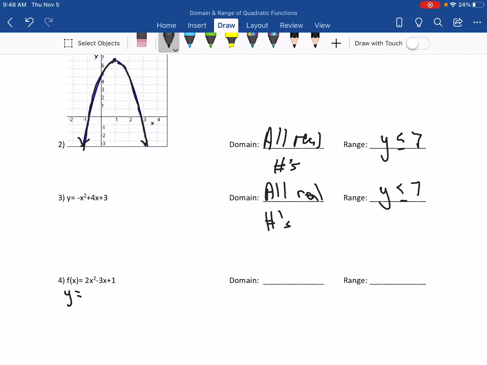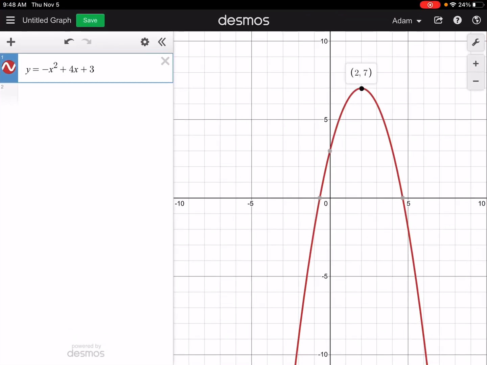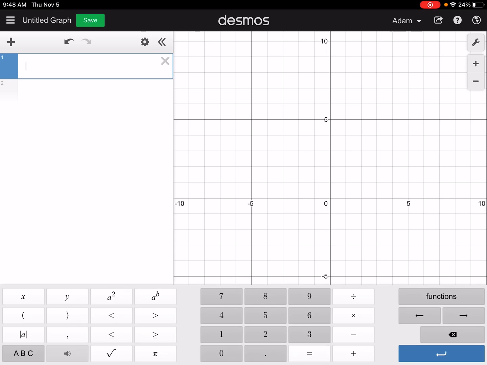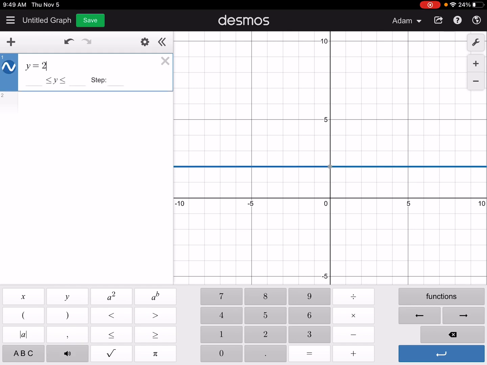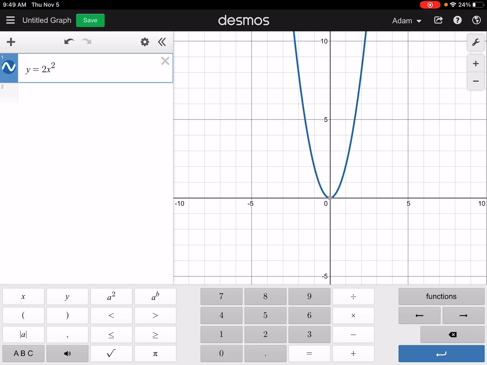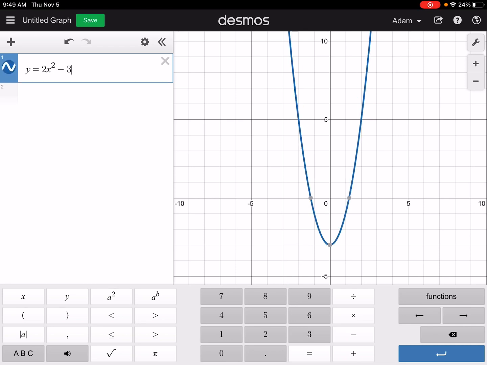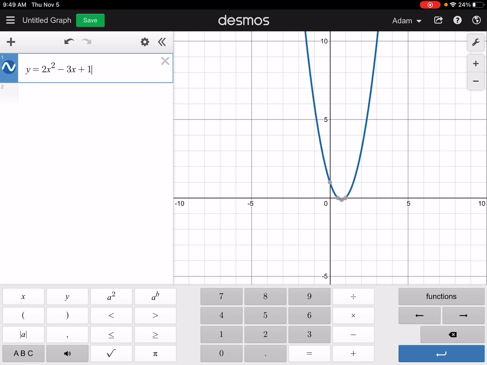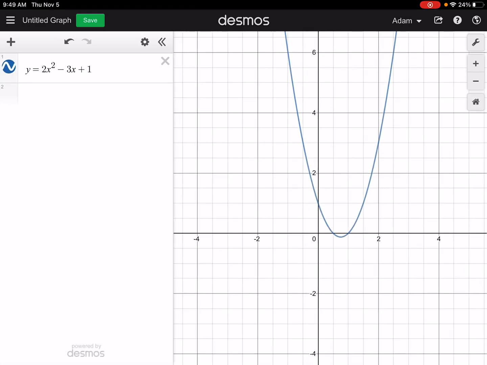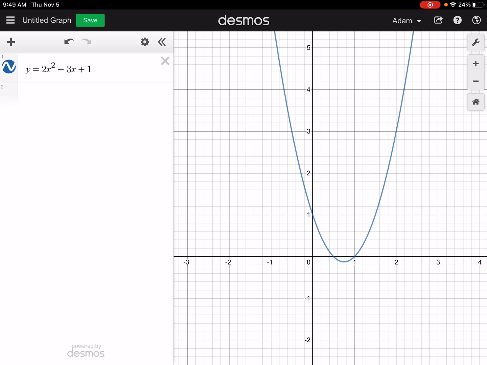Okay, so in number 4, of course, f of x is the same thing as y. So y equals 2x squared minus 3x plus 1. Okay. So here, I'm going to click on the vertex.